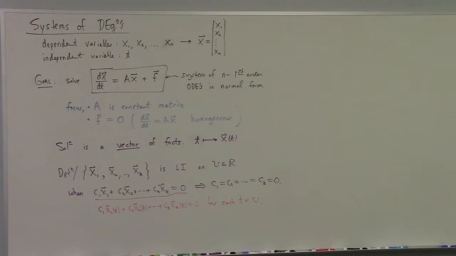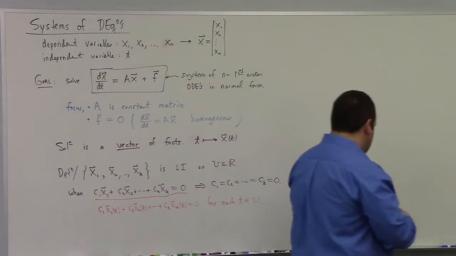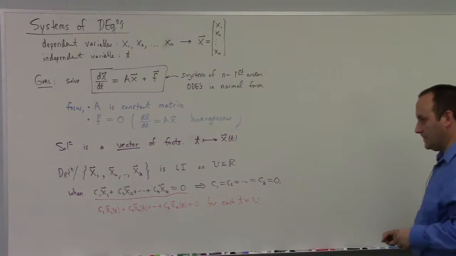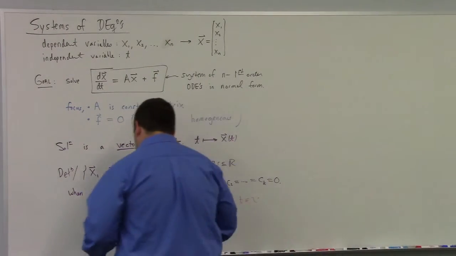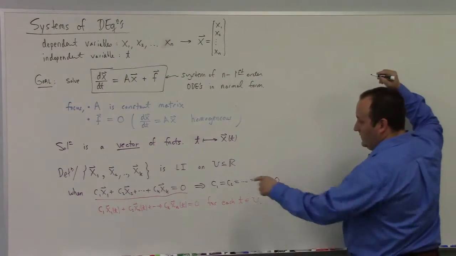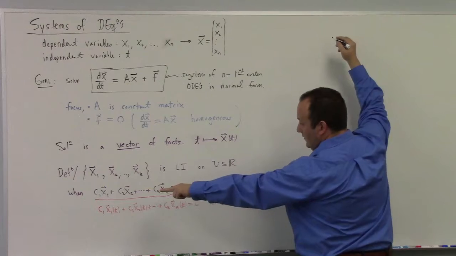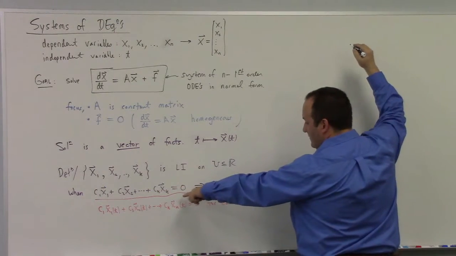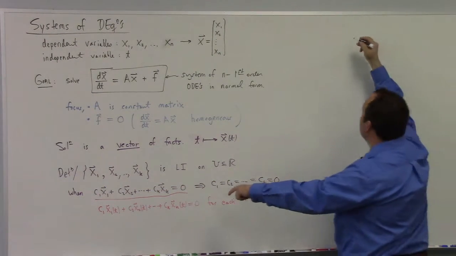So how do you decide when a vector of functions is linearly independent? Check it out. This equation, the one I just underlined in red, we can rewrite as follows.